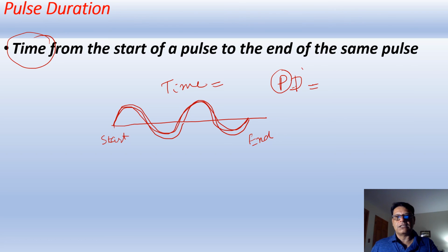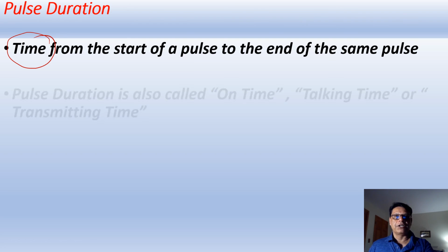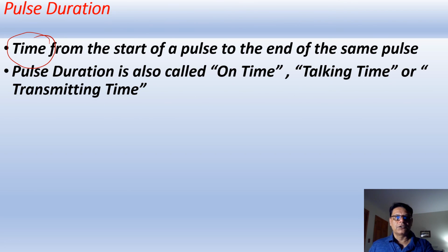P means pulse and D means duration. Duration means time. So the pulse duration is also called on time, talking time, or transmitting time.